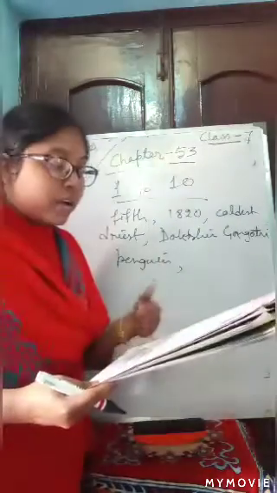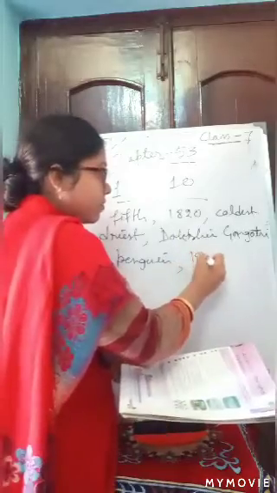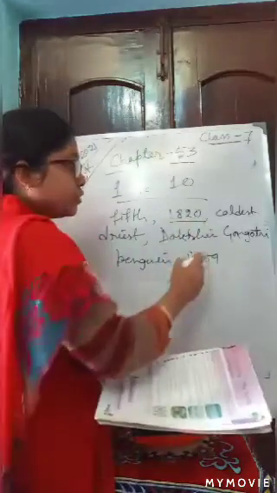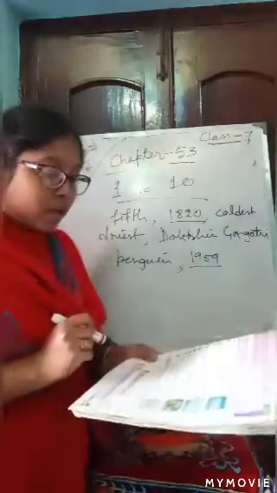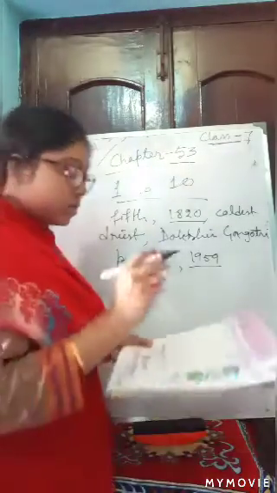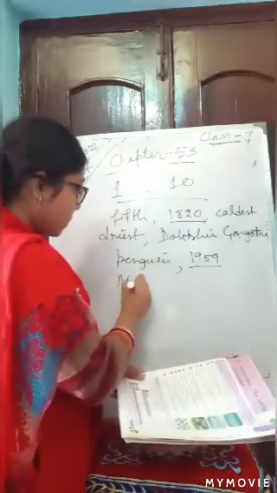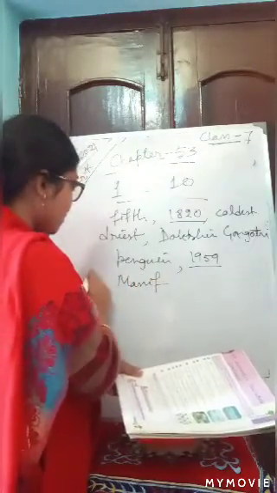The Antarctic Treaty was signed in 1959. After that, the highest point of this place is known as Vinson Massif.